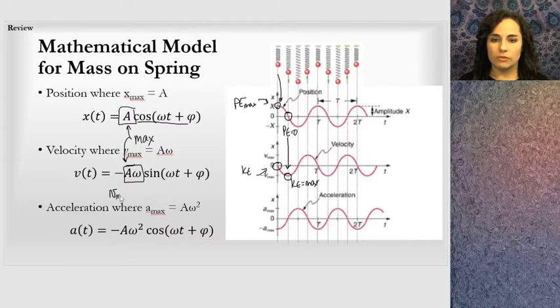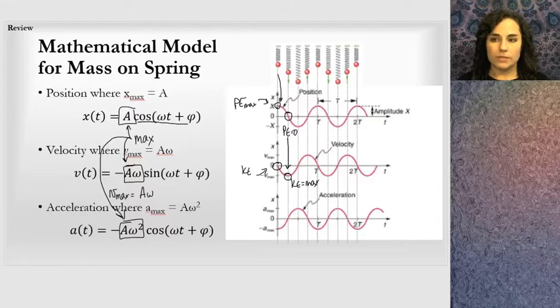If I just want to find v max, that will equal just this front term in front of that trig function. So v max equals A omega. And I can do that also with acceleration. This isn't a lecture on forces and acceleration, but along the same principle, you can see that there's the maximum acceleration. So when you're relating energy and the mathematical model, they are consistent with one another.